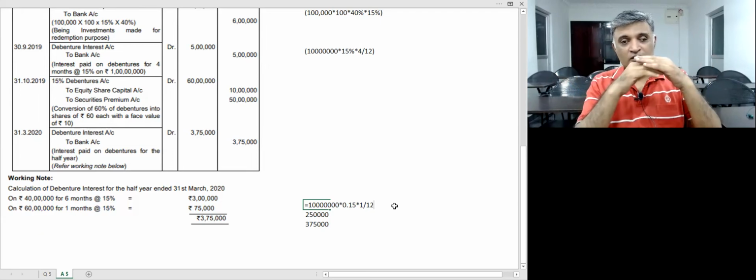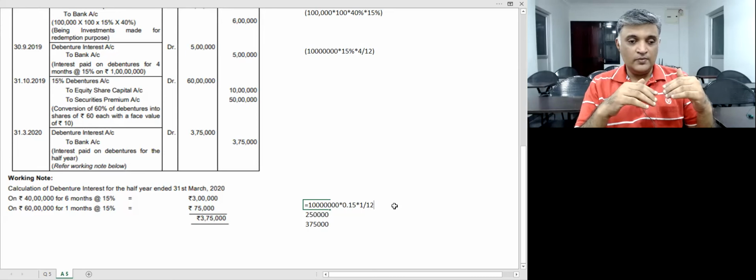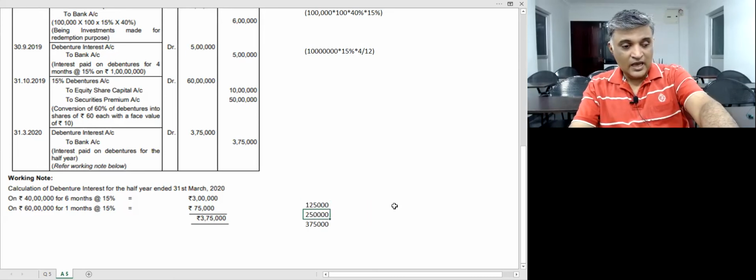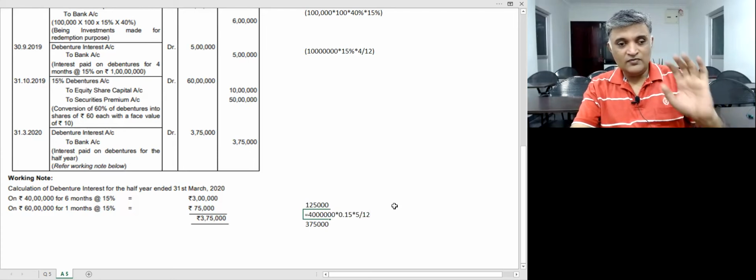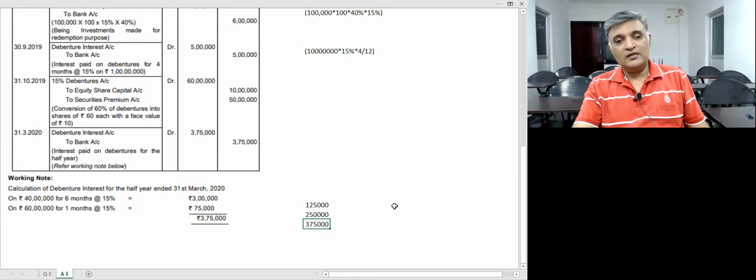So you first exhaust the 1 month interest on those debentures. That will give me 1,25,000. And once I redeem that 60 lakhs, the balance will be only 40 lakhs. On that 40 lakh debentures into 15%, the remaining 5 months interest I will get, which is 2,50,000. So 125 plus 250, that will give me 375.